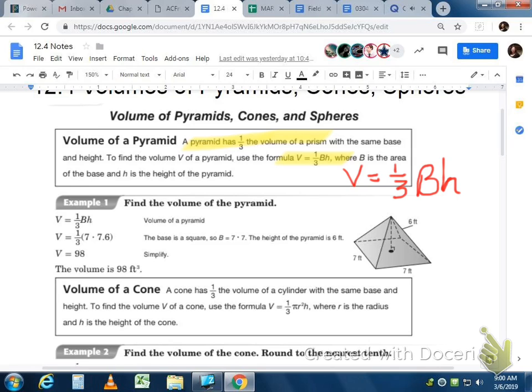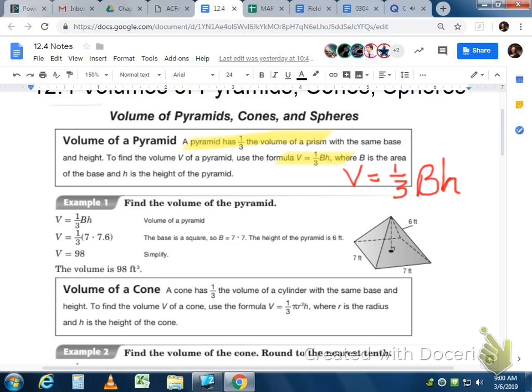If it's a square pyramid, triangular pyramid, or rectangular pyramid, we don't have the formulas for the pentagons and hexagons. You'll get that in high school geometry. If they had one of those on the iLearn test, they would have to give you the area of the base, already calculated. So you will have to know the rectangle, square, and triangle.